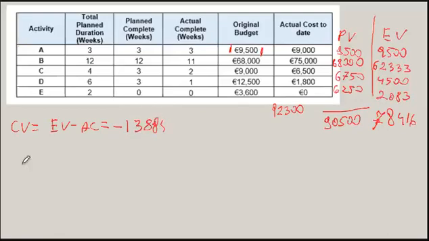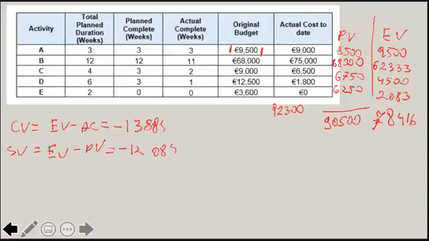We're overspending. Scheduled variance is earned value minus planned value, so 78,416 minus 90,500, which is negative 12,084.